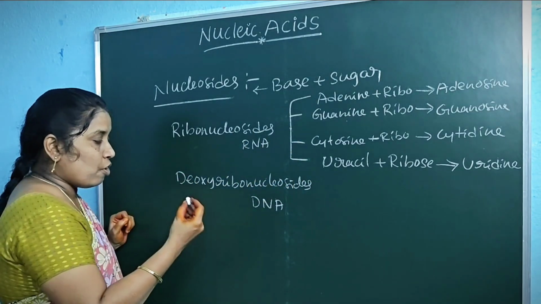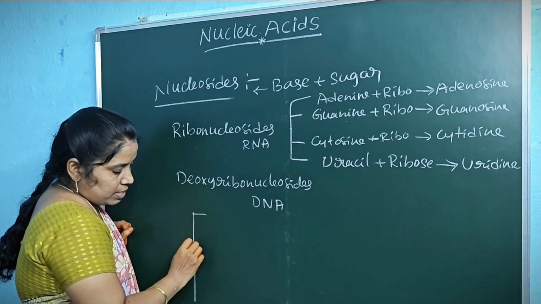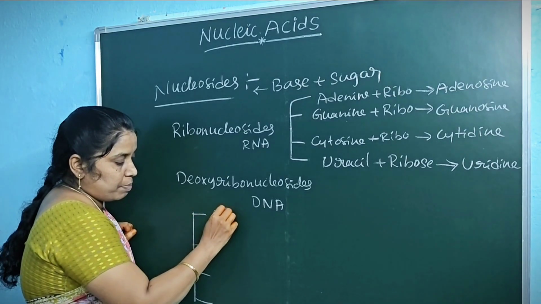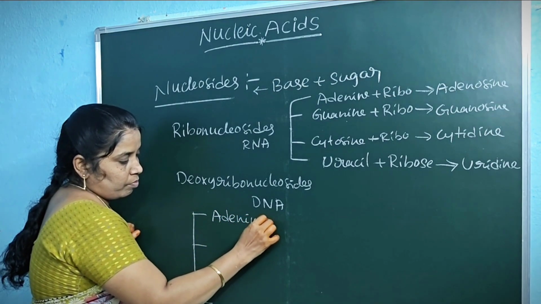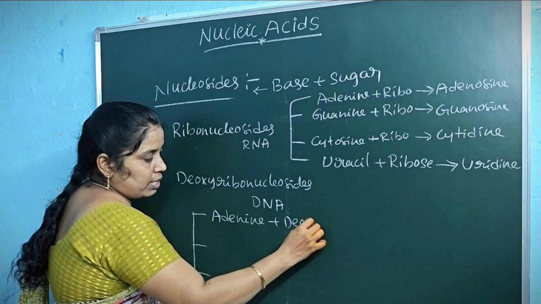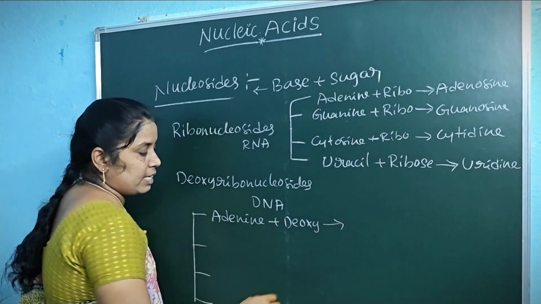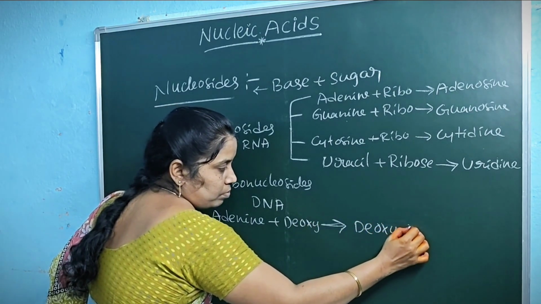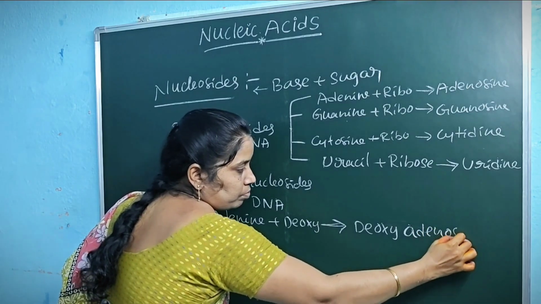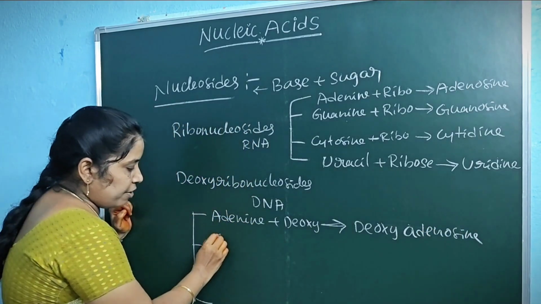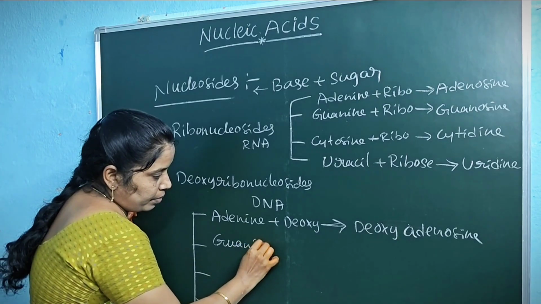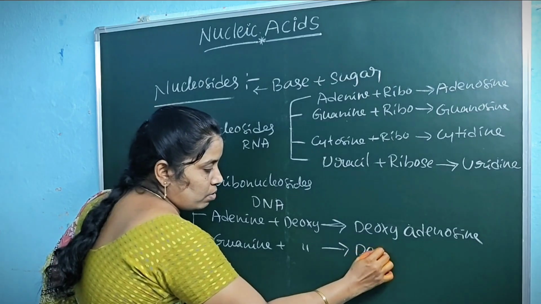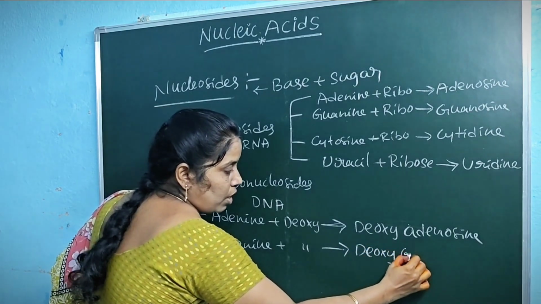So let's see the 4 deoxyribonucleosides. Okay. If adenine plus deoxyribose sugar is present in the nucleoside, then it is called deoxyadenosine. If guanine plus deoxyribose sugar is present, then it is called deoxyguanosine.